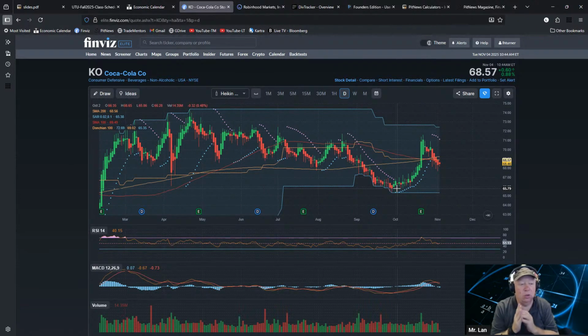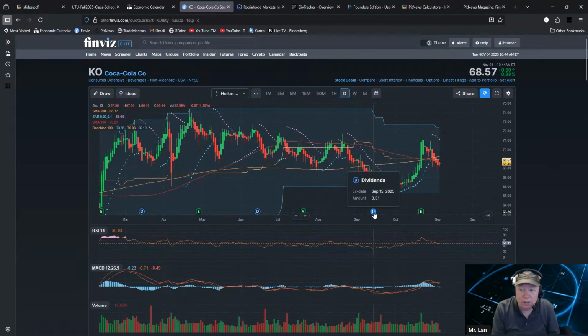Okay. So you want to buy low. It's really important when you're trading for dividends that you buy the shares at a low price, because that gives you a higher percent increase on your yield. So right now you're going to get 51 cents on each share that you have, and each share is $68.